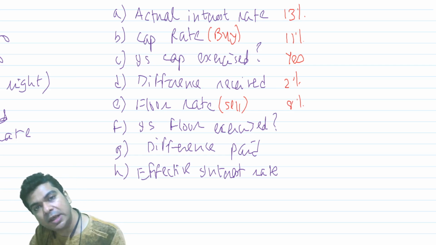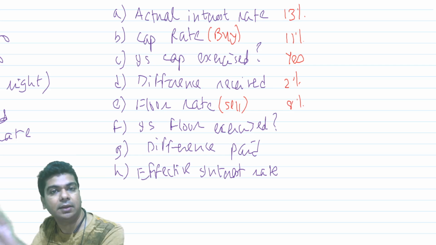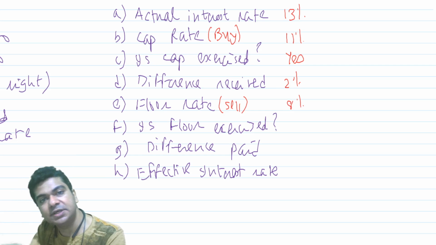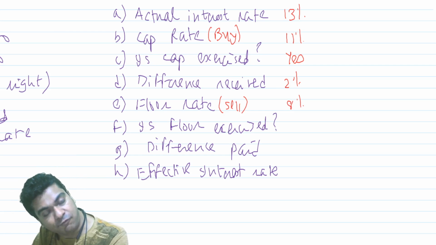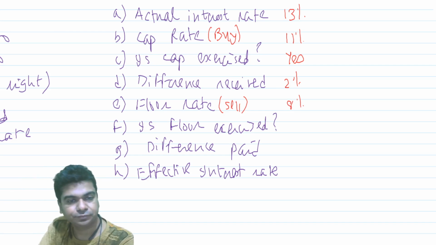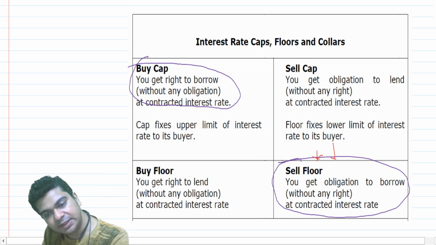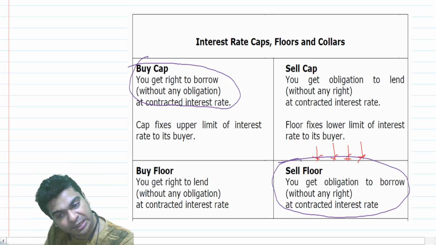The person who has purchased the floor has a right to lend money, has a right to deposit money. I am talking about a person who has purchased a floor. I'll show you that section of the note also. See, you have sold the floor, right? Your position is a position of obligation.